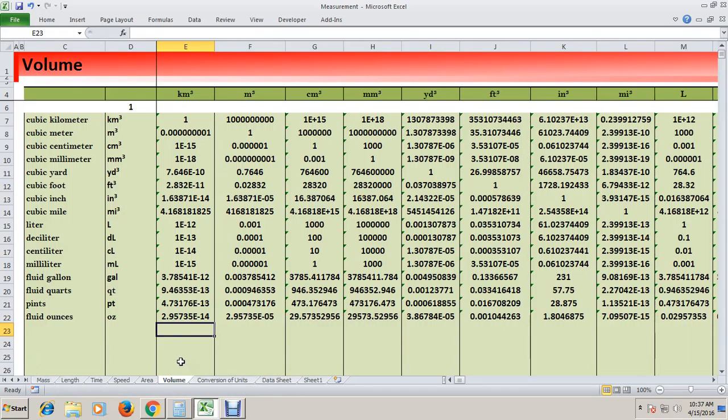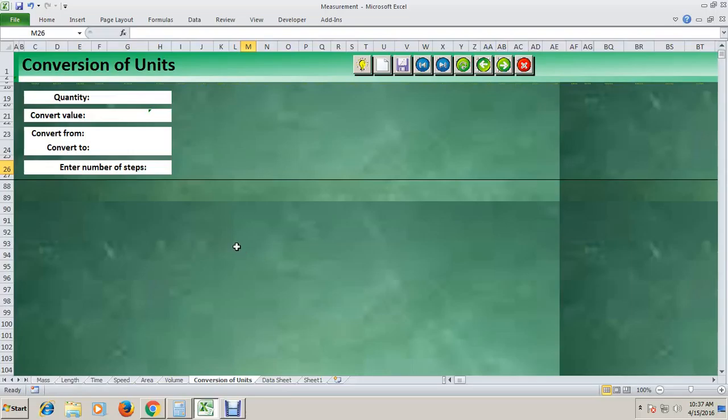Okay, so we are now ready for the conversion factors, or the conversion of units. The idea for the conversion of units is that for every given quantity that is expressed in one set of units, there are times that we want to convert the number of units into a different set, such as, for example, when we are measuring heights or depths.